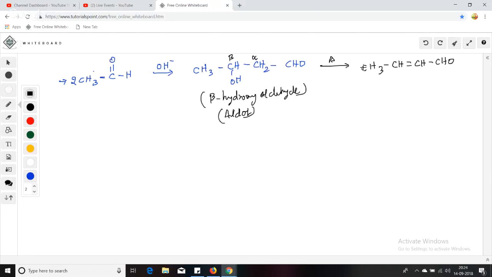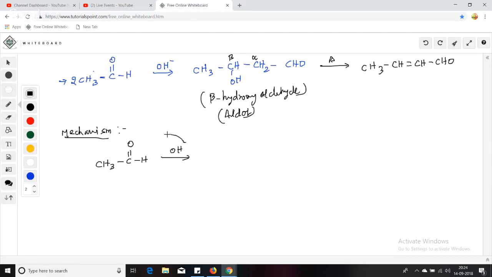Now if you see the mechanism of this, the final product will get this. But what is the mechanism? Suppose we have one molecule CH3 C double bond O H here, and this is the basic medium reaction.